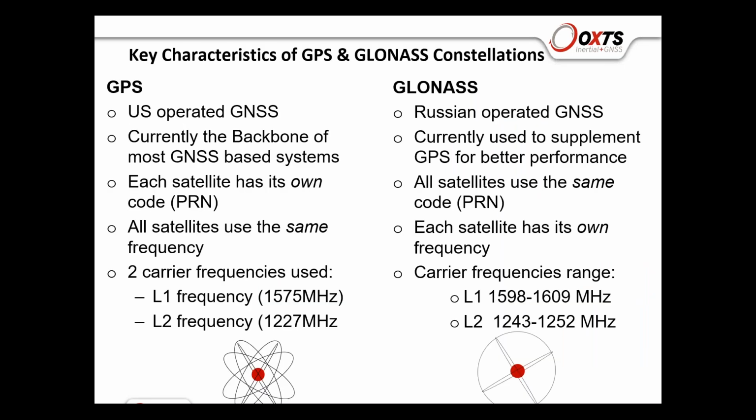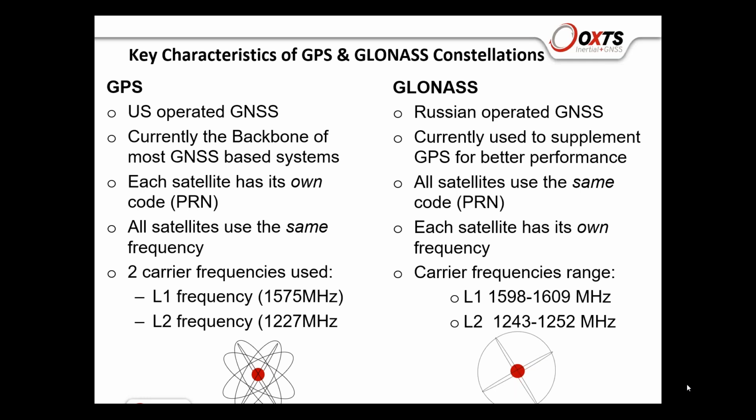So what are the key characteristics of GPS and GLONASS constellations? Well, GPS is the US-based system and GLONASS is a Russian-based one. GPS is the backbone of most GNSS-based systems, and we use GLONASS to supplement GPS for better performance. Now, here are the key differences. GPS, each satellite has its own code.